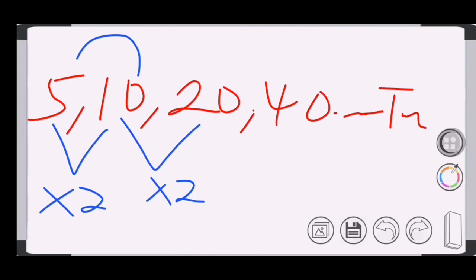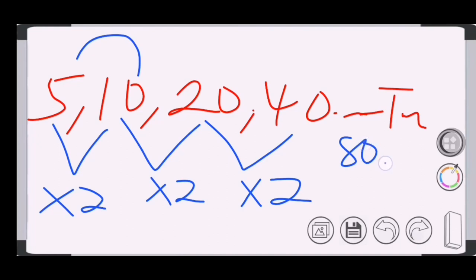Oh, great. Something is working here for us. 20 times 2, 40. Awesome. So we can write our next 3 terms. 40 times 2 will be 80. 80 times 2, 160. 160 times 2, 320. So these are the 3 terms that are required.